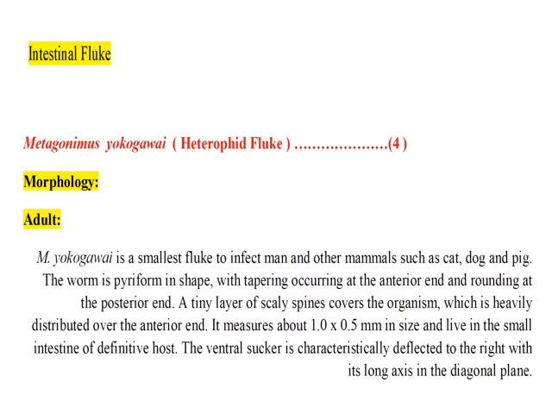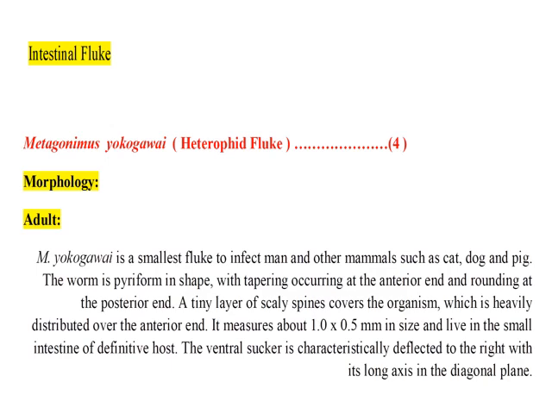The worm is piriform in shape, with tapering occurring at the anterior end and rounding at the posterior end. A thin layer of scaly spines covers the organism, which is heavily distributed over the anterior end.